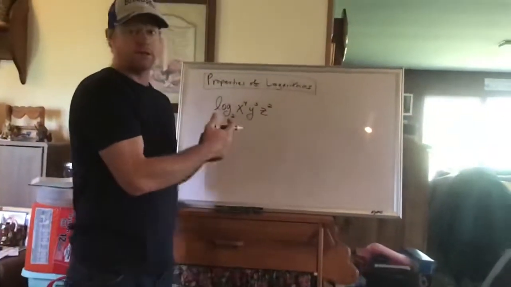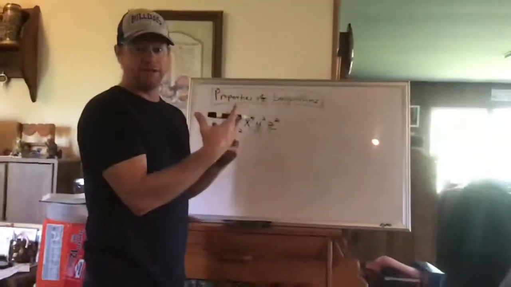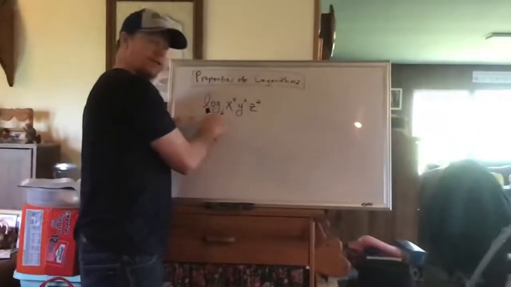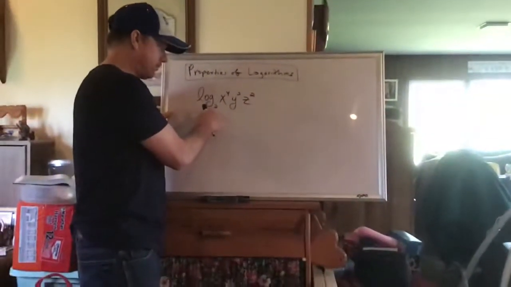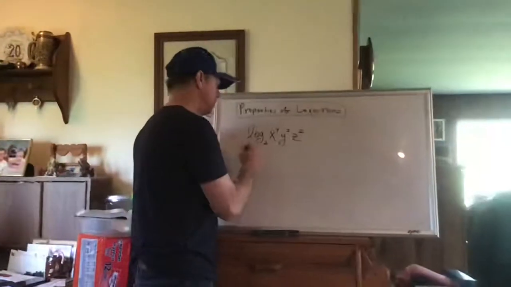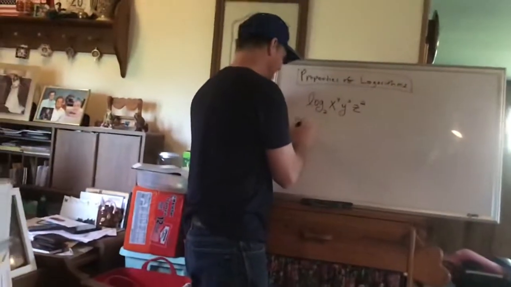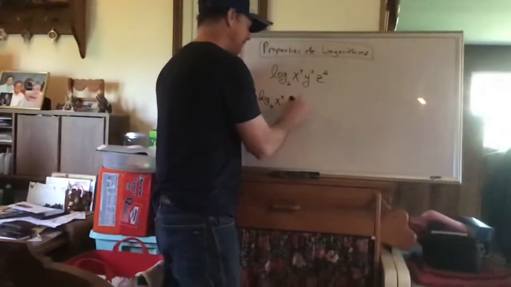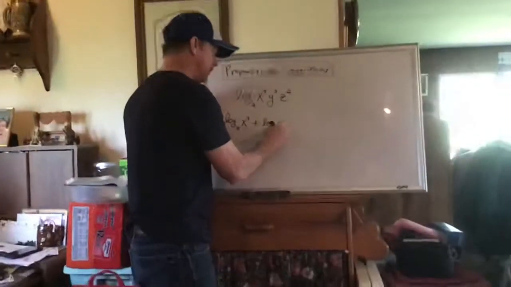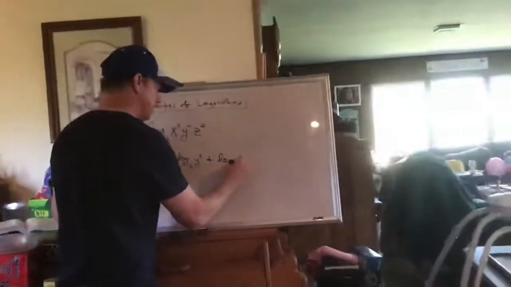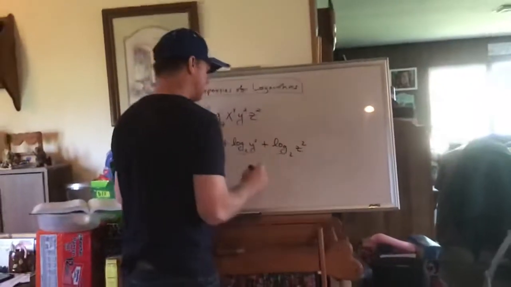This is a product, and product gets sent to addition. Whatever the subscripted number is, in this case a 2, you have to write that throughout the problem. So we're going to go log subscript 2 of x to the 4th plus log subscript 2 of y cubed plus log subscript 2 of z squared.